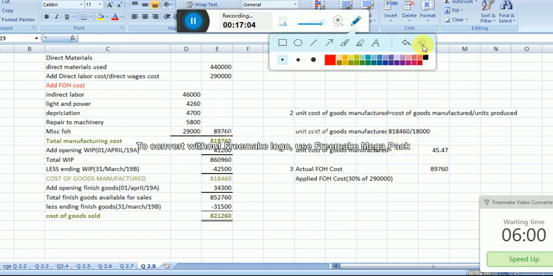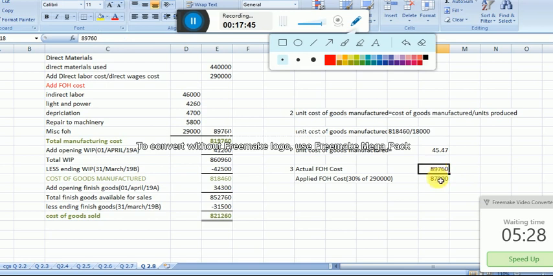We calculate the 30% of the direct labor: 30 divided by 100 multiplied by 2,90,000, which equals 87,000. The company was considering that factory overhead would be 87,000, but in actual 89,760 cost took place.